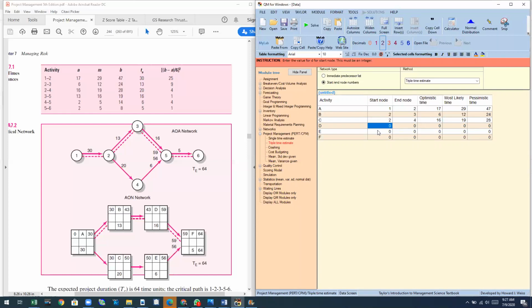And activity D, start node is 3, end node is 5, optimistic time is 13, most likely 16, and pessimistic time is 19.